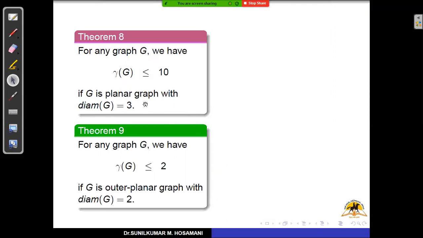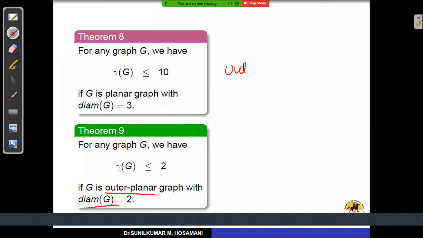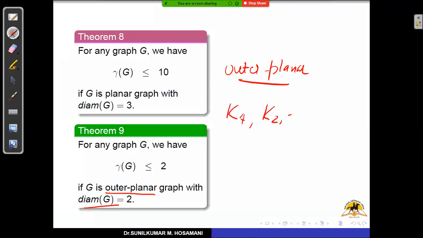So next one. So here the next concept is outer planar and diameter. So outer planar means a graph must be free from K4 or K23. Okay, this is my K4.